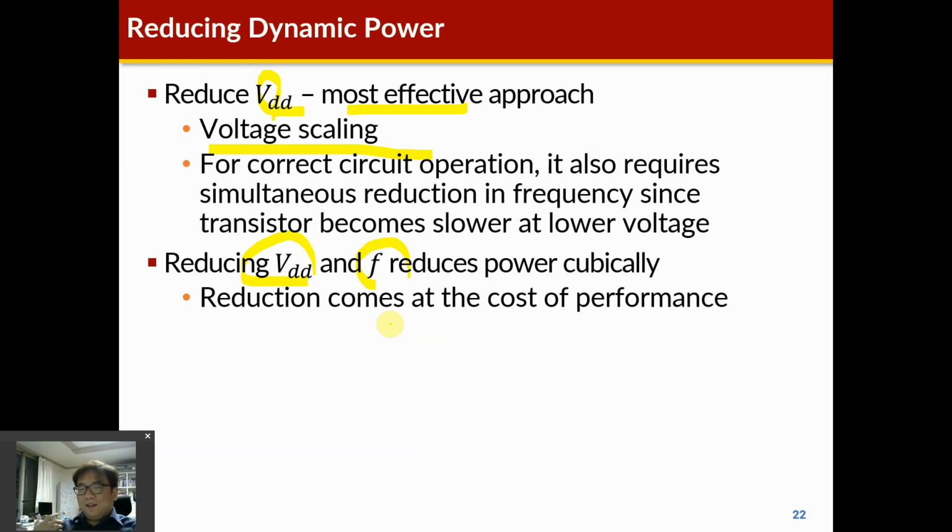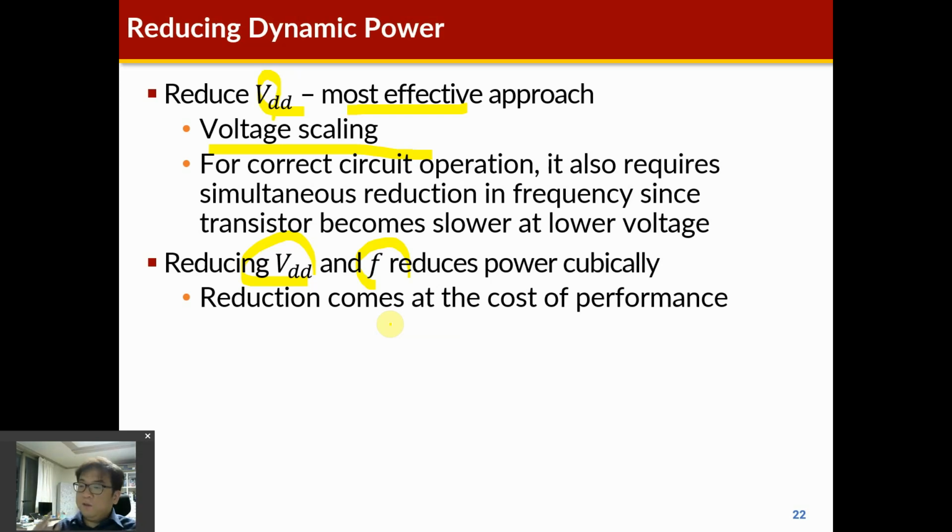In modern computer systems, like modern Intel or AMD processors, we can apply dynamic voltage and frequency scaling technology to reduce the dynamic power consumption and balance the performance of the CPU.